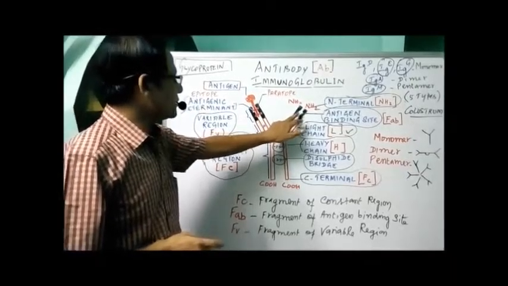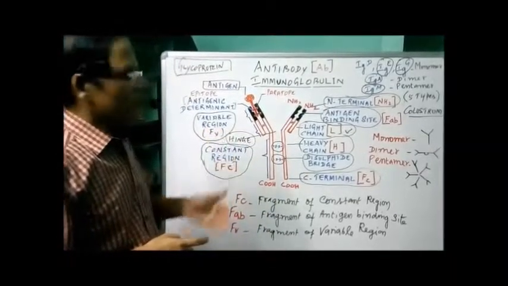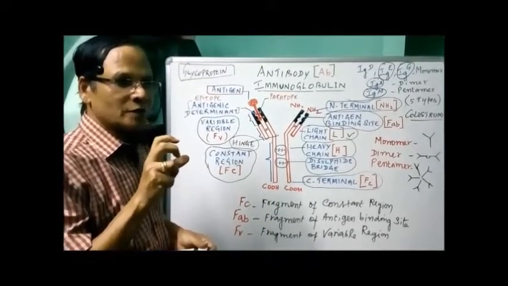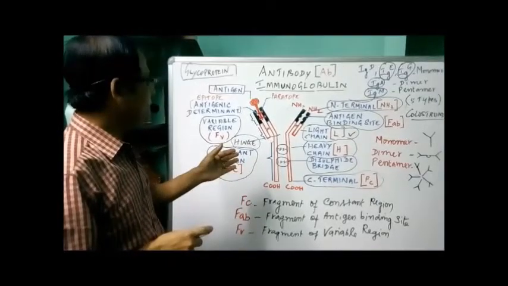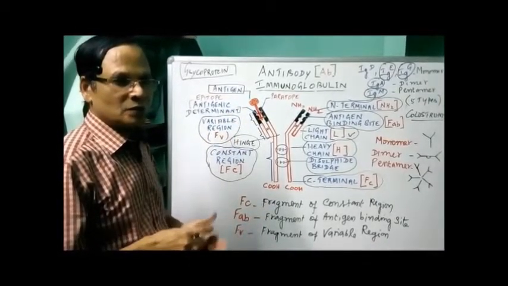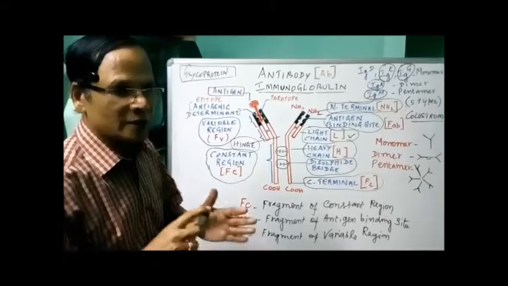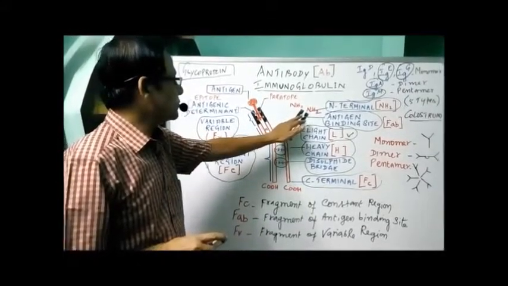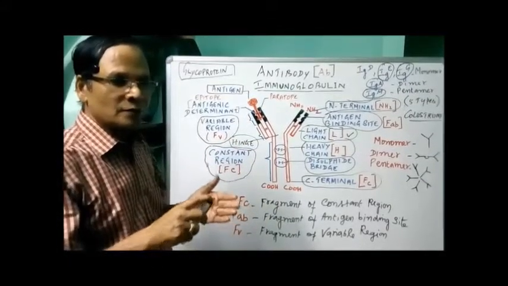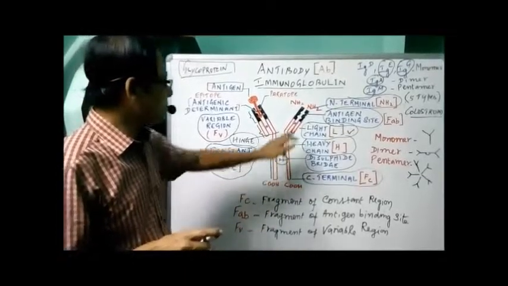I represent some cavities. Each antibody has a specific shape to fit the specific antigenic determinant. Here it is represented in the form of a semicircle, in some cases a square or rectangle; these are the cavities.